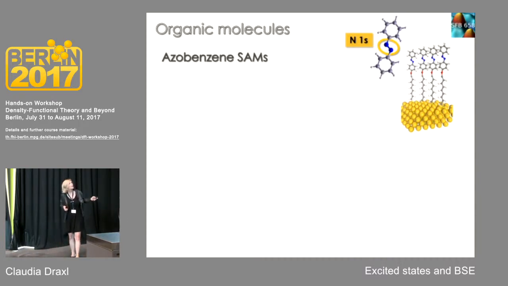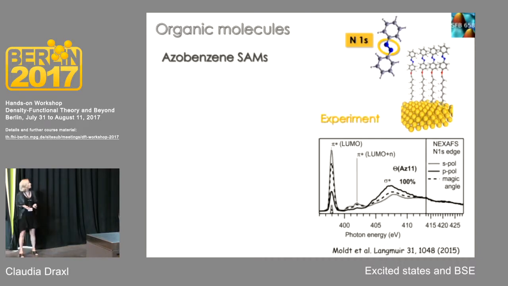The other thing is that these molecules form very nice self-assembled monolayers. So they pack very efficiently, and we will see that this packing actually affects the excited states, and that's why the switching is hampered or influenced by this.